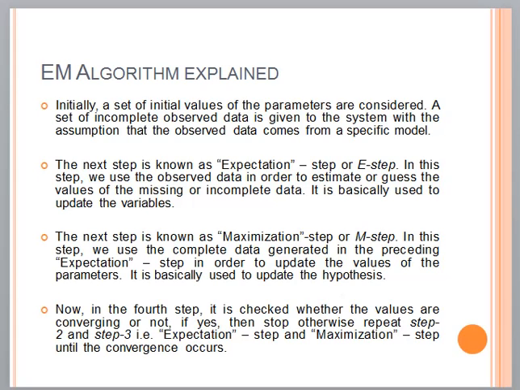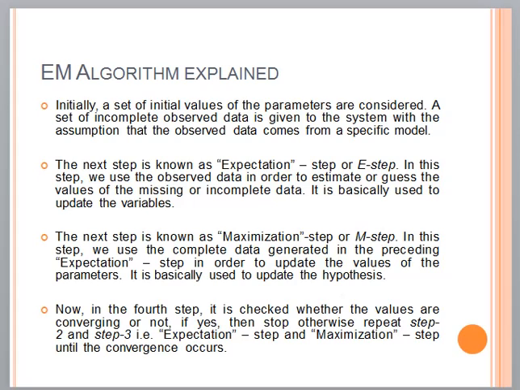So this is the same step which I explained in the previous slides. Now the next step, as we know, is the maximization step or the M step, and in this step we complete the data generated from the previous expectation step. So we use this data to update the values of the parameters or the model hypothesis. Now in the fourth step, it is checked whether the values are converging or not. So we are checking the convergence.